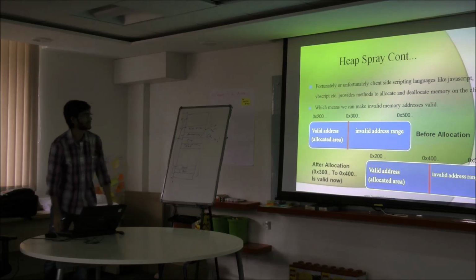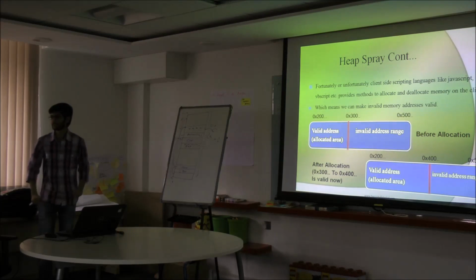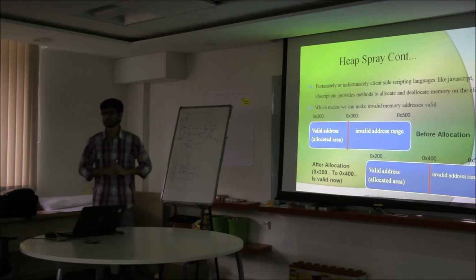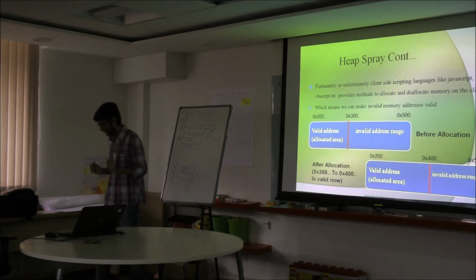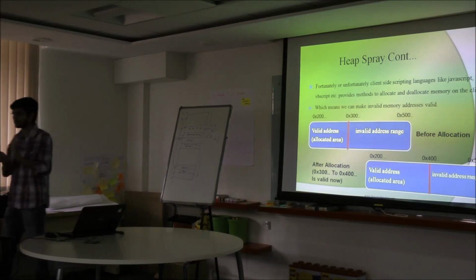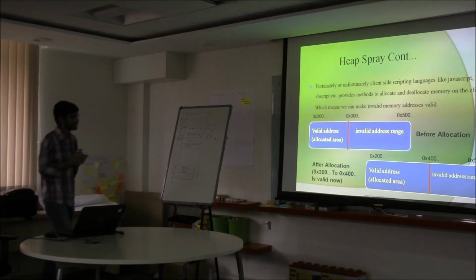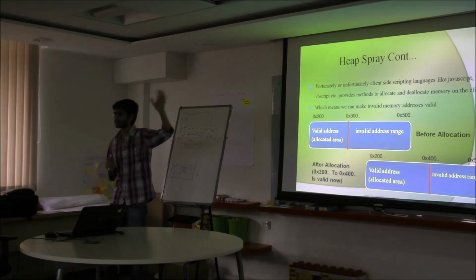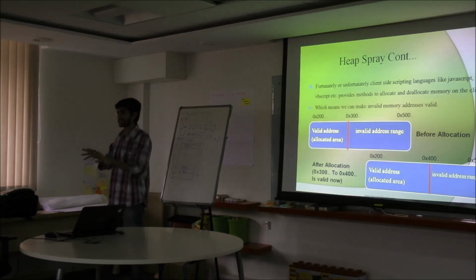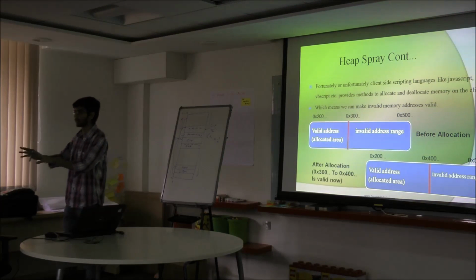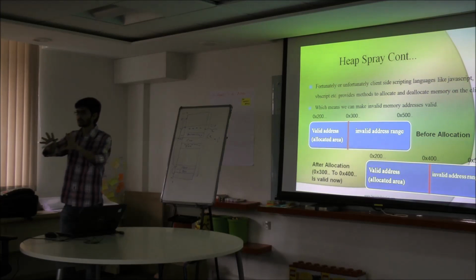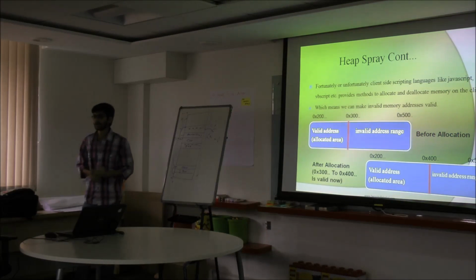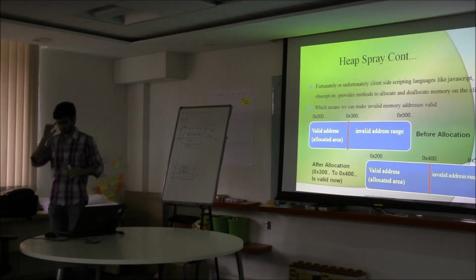That method is basically client-side scripting languages. I don't know if you call it fortunate or unfortunate, but client-side applications control some of the variables of the client machine, one of the most important being allocating and deallocating memory on the client. So you can put JavaScript code into Internet Explorer and allocate and deallocate memory based on it.